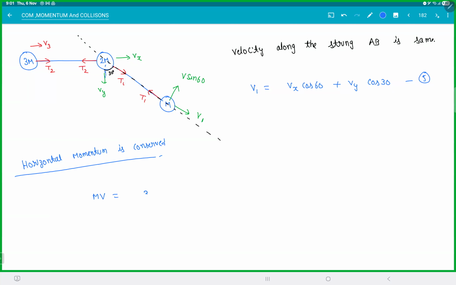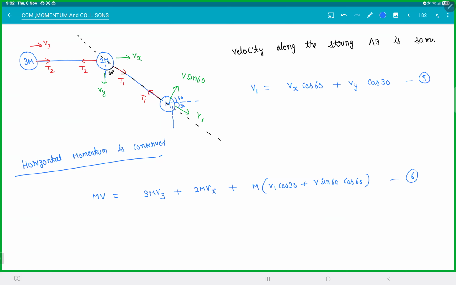Now the final momentum will be 3m into v3 plus 2m into vx plus m into v1 cos 30 plus v sin 60 cos 60, the horizontal component. This is 30 and this is 60. And this is your equation 6. It's pretty lengthy to solve though. You have 6 equations, 6 unknowns. If you solve, you will get the answers for v1, vx, vy.